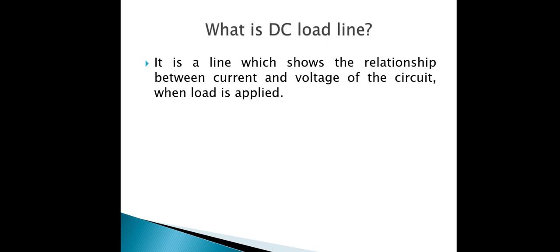So in order to simplify calculating the output voltages and currents of a transistor and to analyze its characteristics, we generally use a DC load line. Simply, the DC load line is a line which shows the relationship between current and voltage of a circuit when a load is applied to that particular circuit.